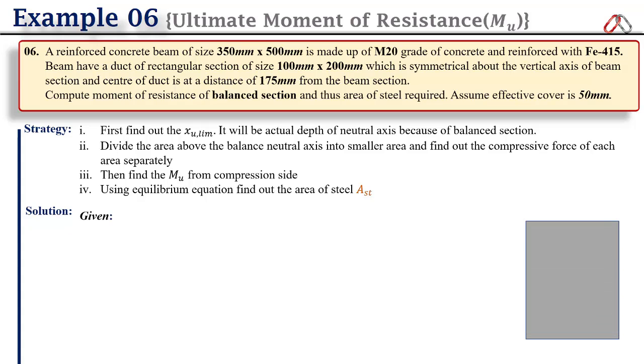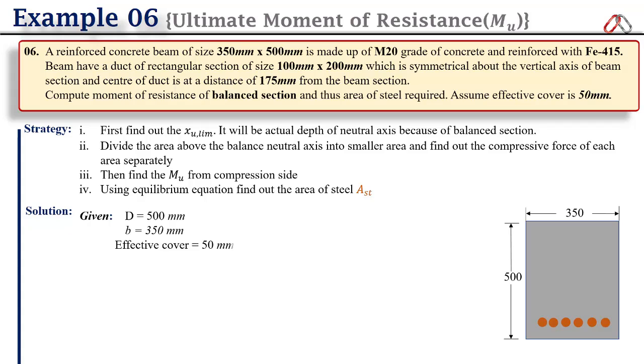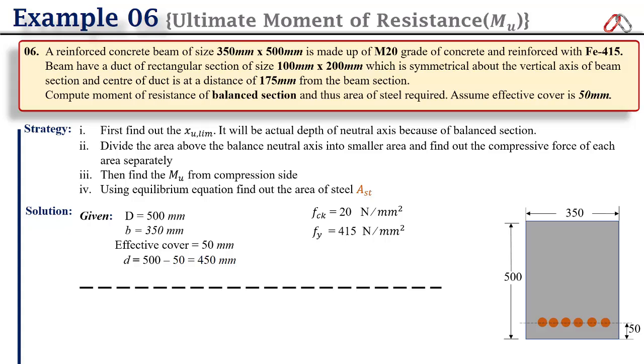First note down all the given data, that is total depth 500 mm, breadth 350 mm, effective cover 50 mm. That's why the effective depth will be 500 minus 50, 450 mm. Grade of concrete is M20, that's why FCK is 20 Newton per mm square and Fy is 415 Newton per mm square.